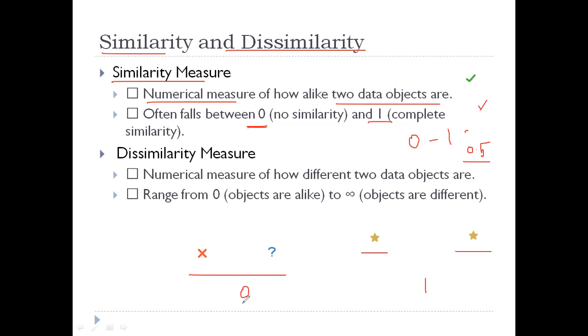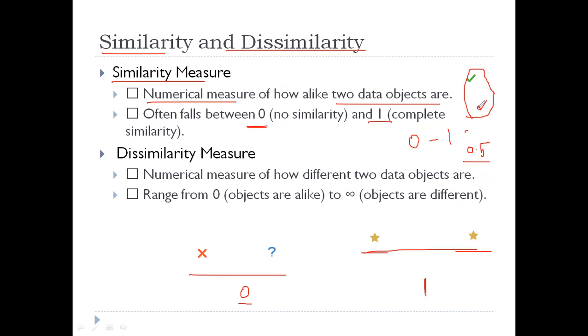So I have taken 0 here. And these two are 100% similar to one another, so that is represented by using 1. Coming to these two, they are somewhat similar. The size is the same and the symbol is the same, but the only difference is the color.